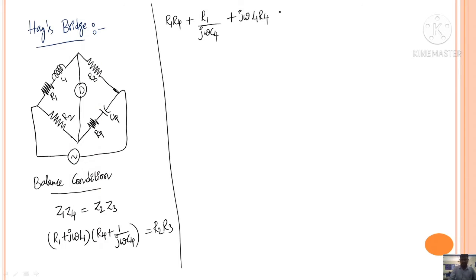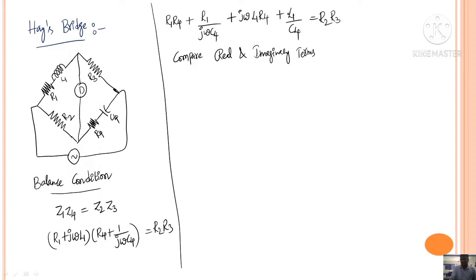Fourth term is, if you multiply this term and this term, j omega gets cancelled, you will get L1 by C4, and it is equal to R2 into R3. Just compare real and imaginary terms. What are the real terms here?